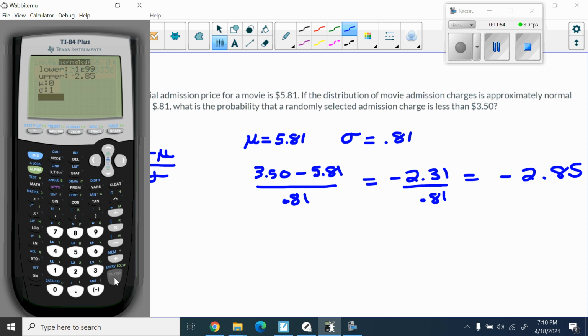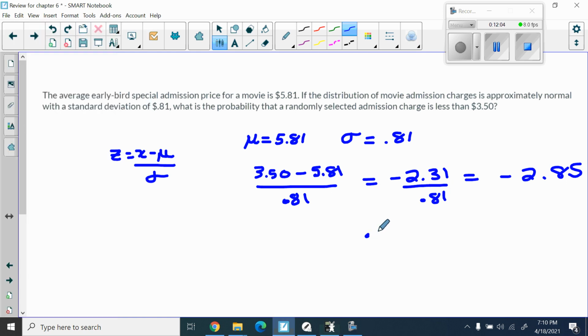And I enter that in, and here's my probability, which is 0.0022. So that's our probability, 0.0022, which makes sense because it's less than this, and our mean is already 5.81, so that's really low. That's much lower than what our mean is.